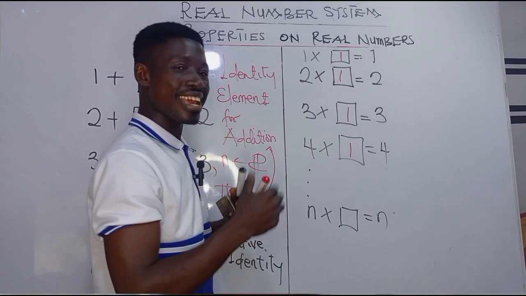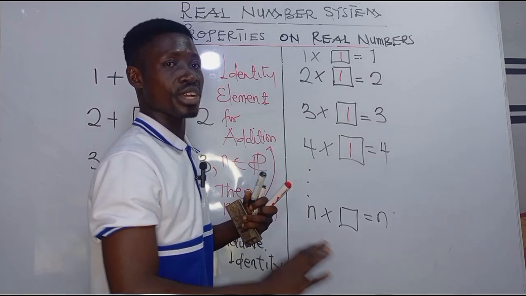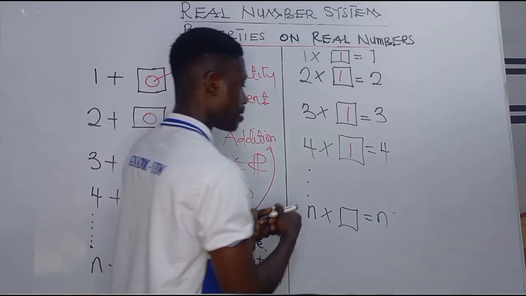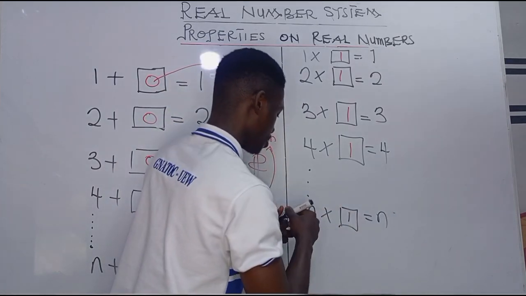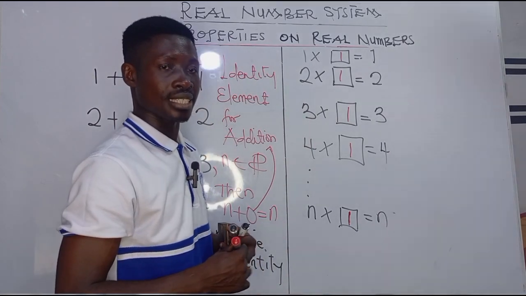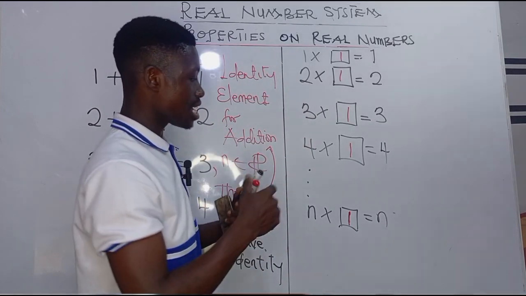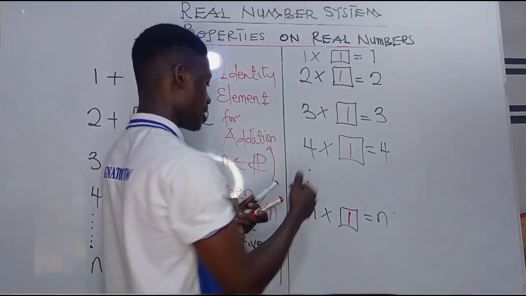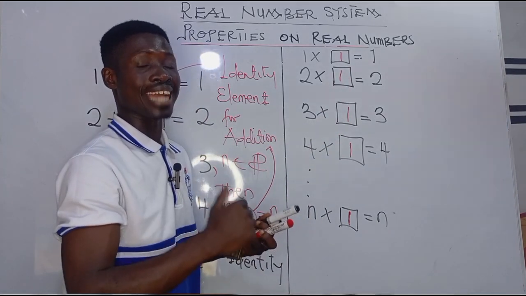So if we pick any number from the set of real numbers, when we multiply it by the number 1, we are still going to get the original number back. So therefore the number 1 becomes the multiplicative identity.